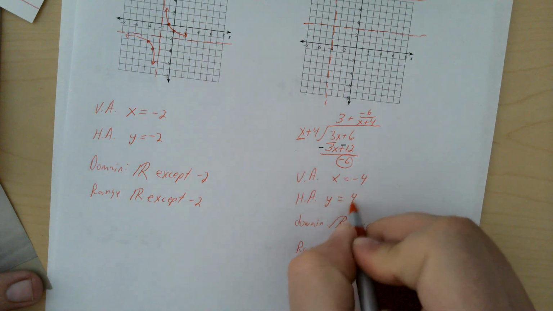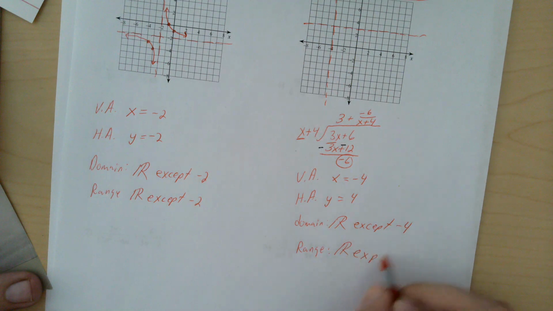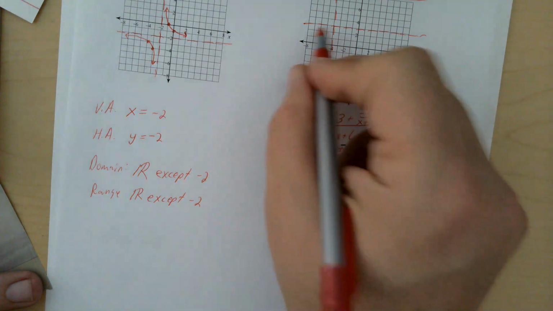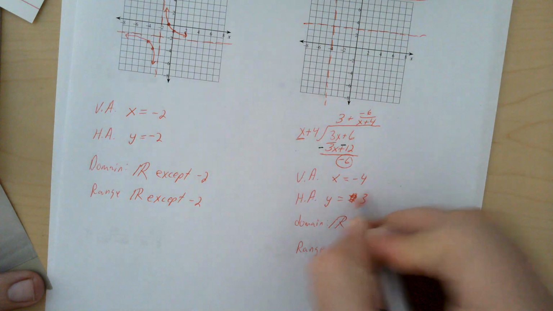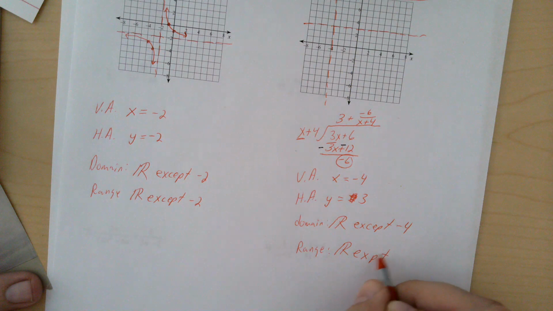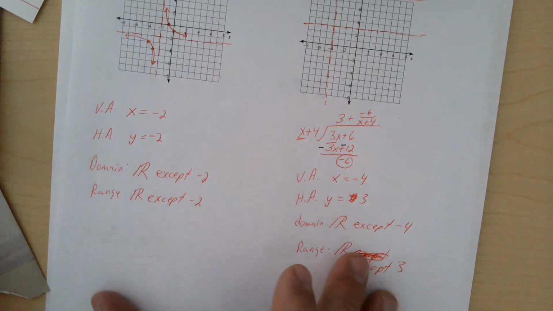So y equals 4 was my guideline, and then my range, all reals except, oh, what did I say? Sorry. It's a 3. It's a 3. I went up 3. So my guideline I already drew is at +3 because it's up 3, not 4. And it's everything except, why did I not spell except right? Except a +3. Okay. So I have my guidelines already there.